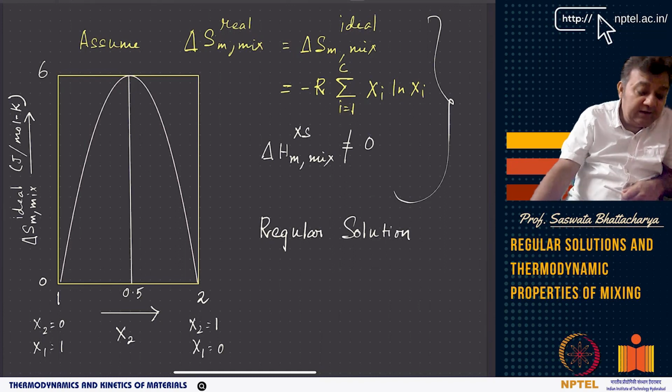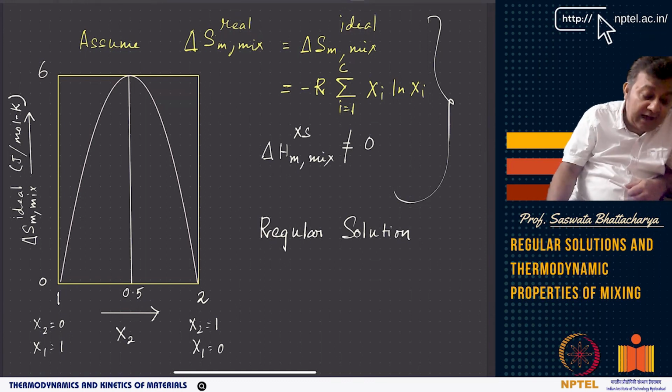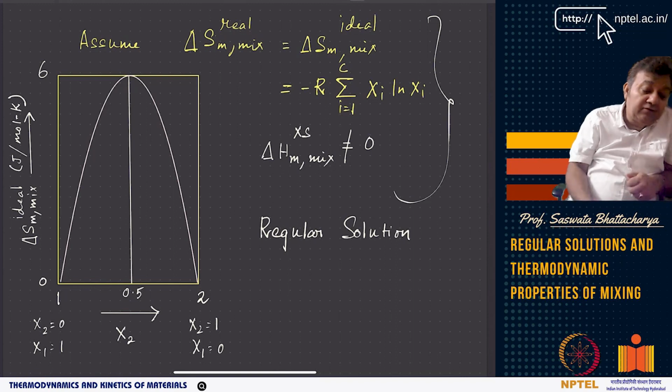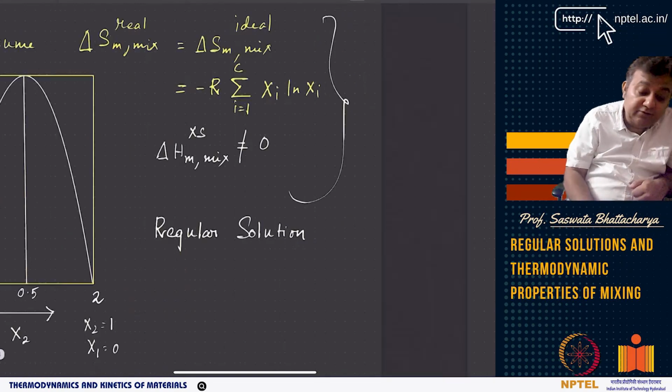Please check this. This is ΔS_mix ideal, in joules per mole Kelvin. As you can see, the ideal entropy of mixing has a peak at x equal to 0.5. Now we'll go to one kind of real solution, which is called a regular solution.